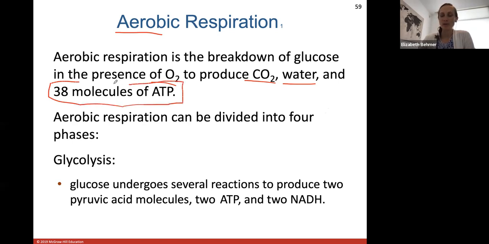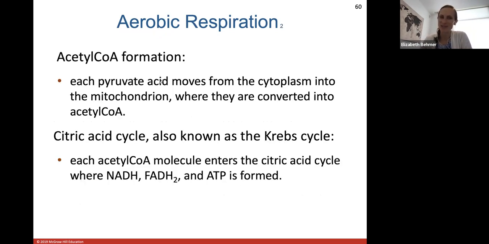And we can divide aerobic respiration into 4 phases, the first being glycolysis, which, even though I said it was an anaerobic process, can start the aerobic respiration process as well, producing the same products: 2 pyruvic acids, 2 ATP, and 2 NADH.